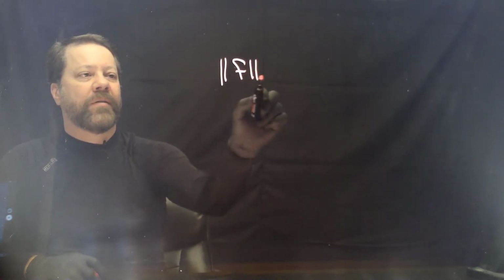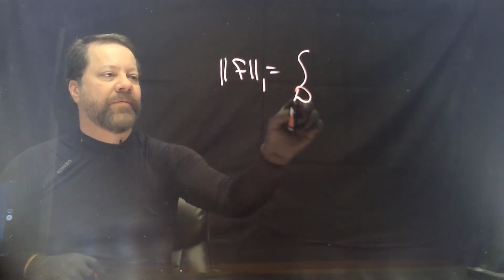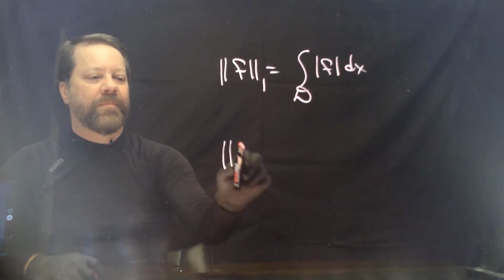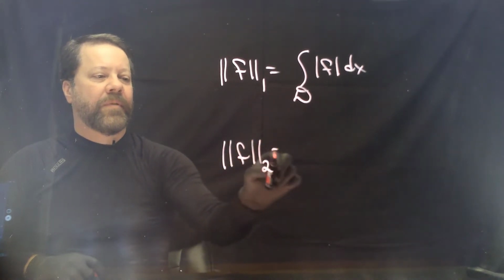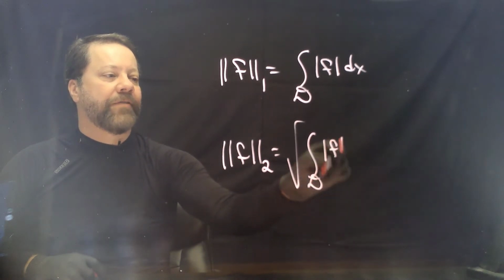These two sets of functions are important in the present context because of the so-called one norm. This is just the integral over your domain, and the two norm, which is the square root of the integral over your domain of the absolute value of the function squared.